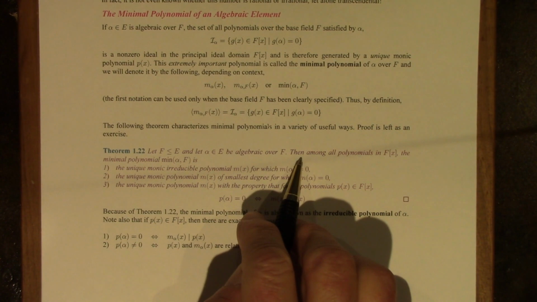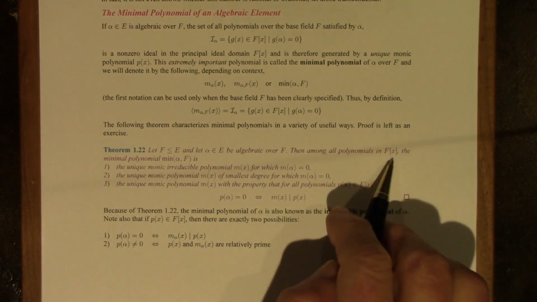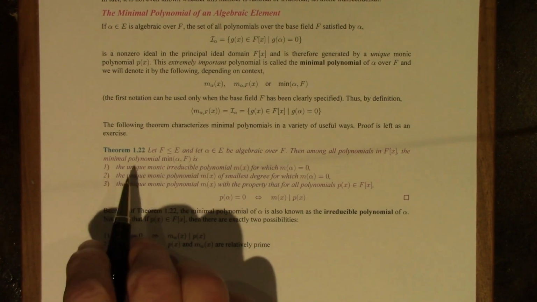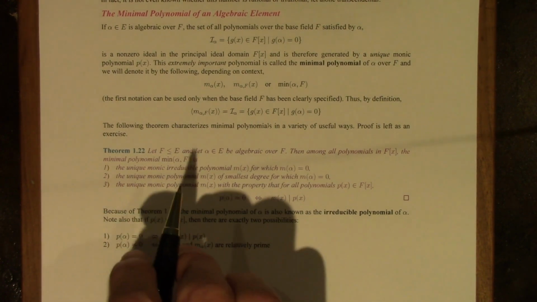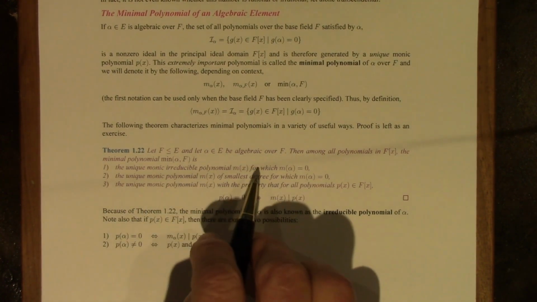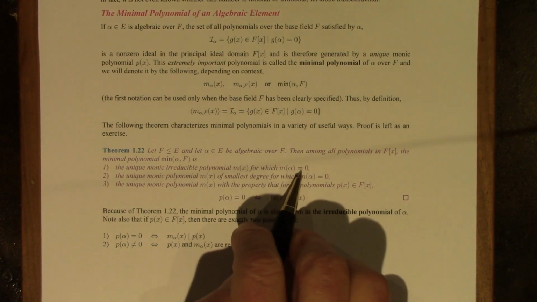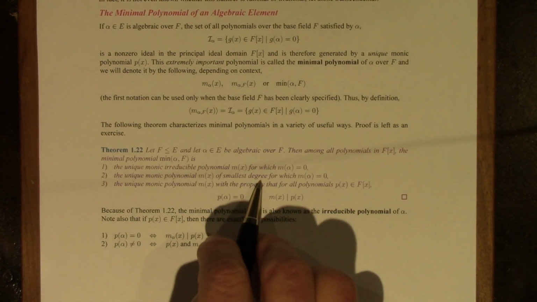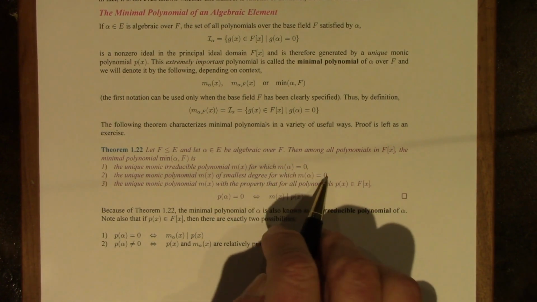Among all polynomials in F square bracket X, the minimal polynomial is the unique monic irreducible polynomial satisfied by alpha, the unique monic polynomial of smallest degree satisfied by alpha.